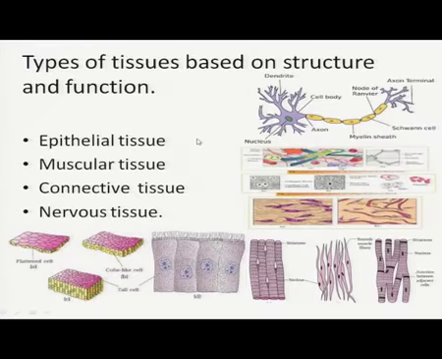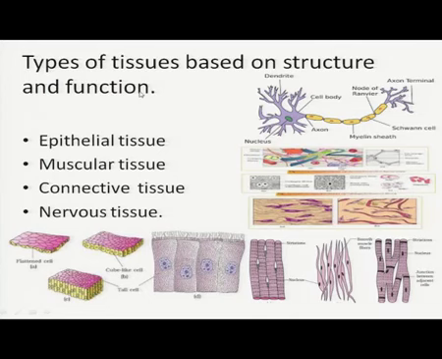Now, come to the different aspects of this chapter, structural organization in animals. What are the different types of tissues based on structure and function?